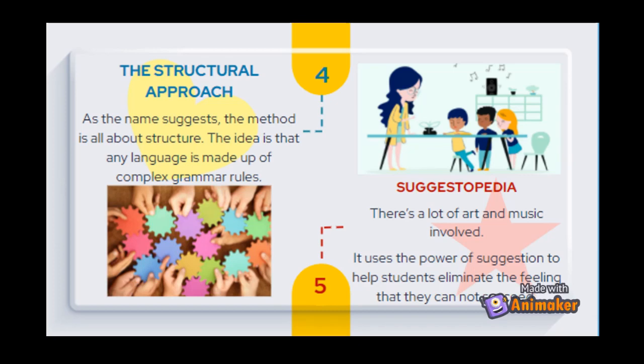It relies a lot on the atmosphere and the physical surroundings of the class. It is essential that all learners feel equally comfortable and confident. When teachers are training to use the Suggestopedia method, there's a lot of art and music involved. A Suggestopedia lesson is divided into 3 different phases: deciphering, conversation, and elaboration.